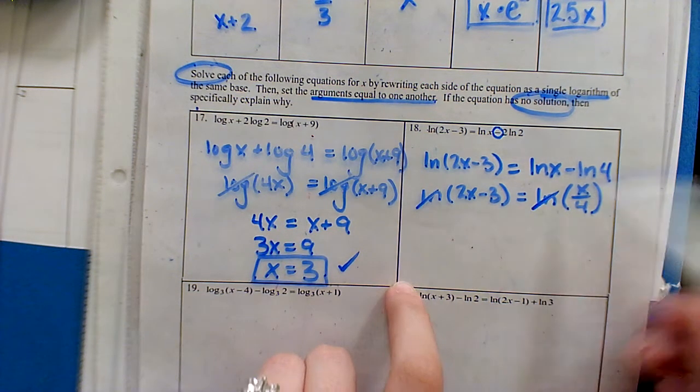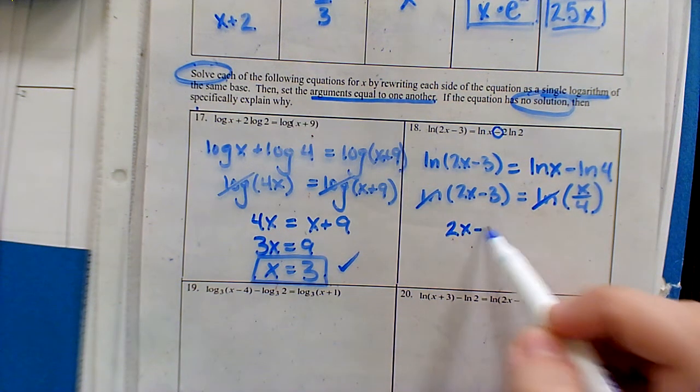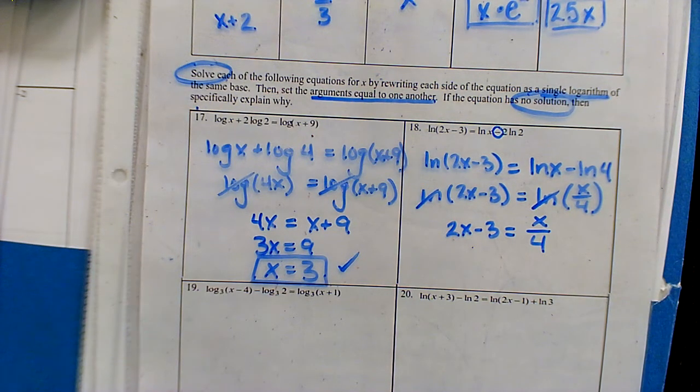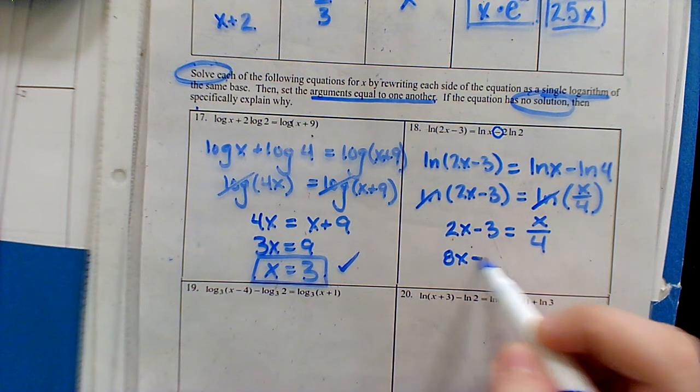So in your head or on your paper, you can imagine just canceling those out because we already know they're the same. Let's go ahead and evaluate the arguments. Where do you want to go from there? Multiply the 4 over, good.